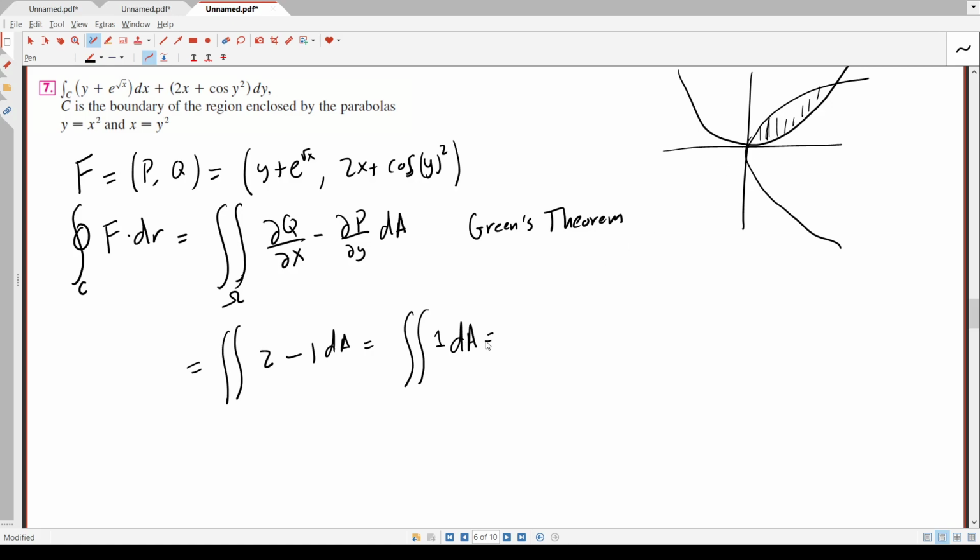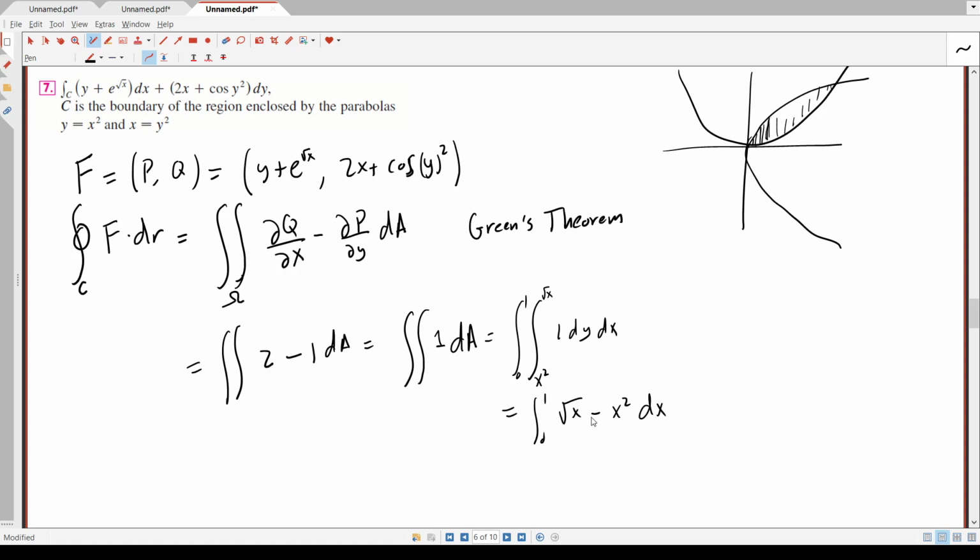That's going to go from the bottom, which is x squared, from y equals x squared all the way up to y equals root x, dy, and then we integrate all of those strips from 0 up to where they intersect at 1. Okay, so we integrate that and we get the integral from 0 to 1 of root x minus x squared.